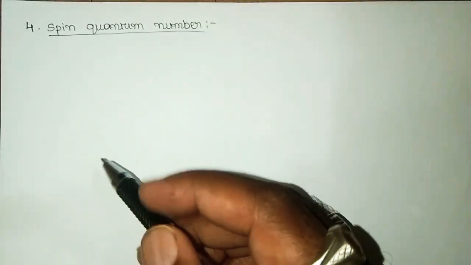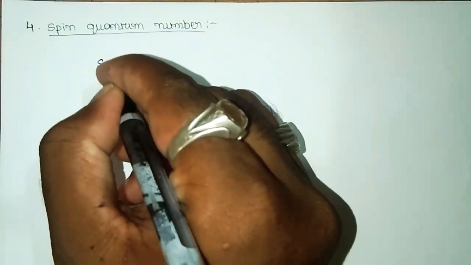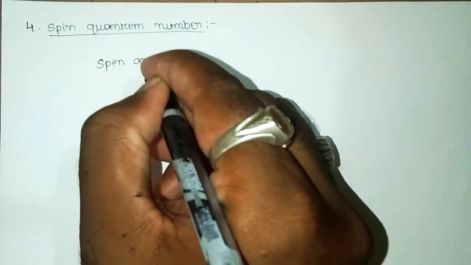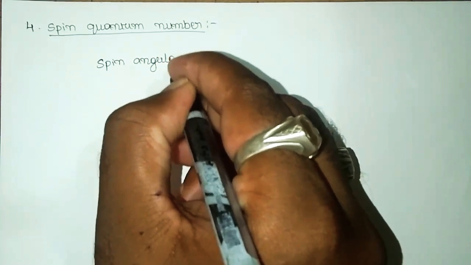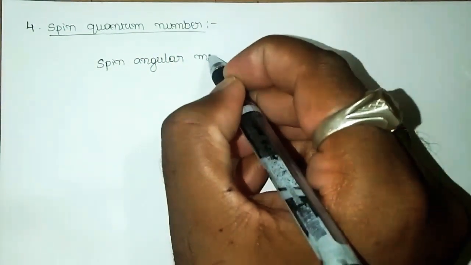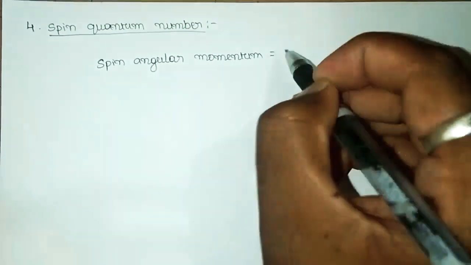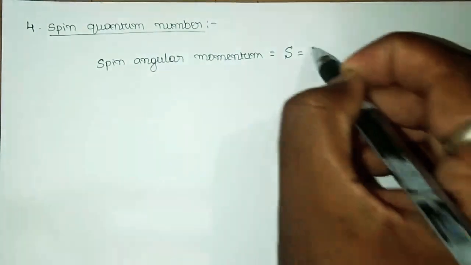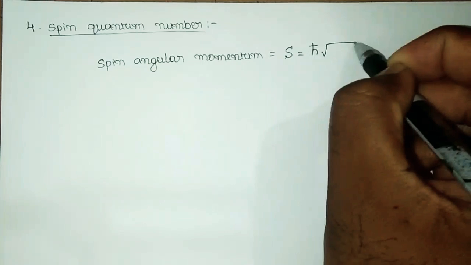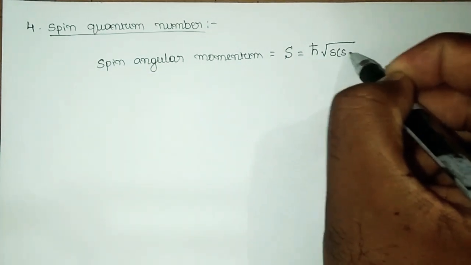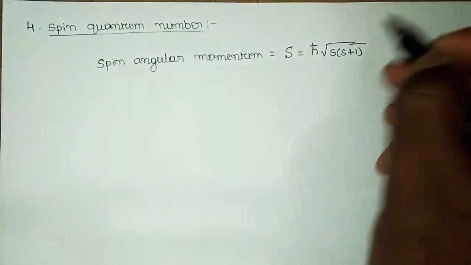The spin angular momentum of the electron can be calculated as capital S is equal to, once again the same, h cross into square root of s(s+1).